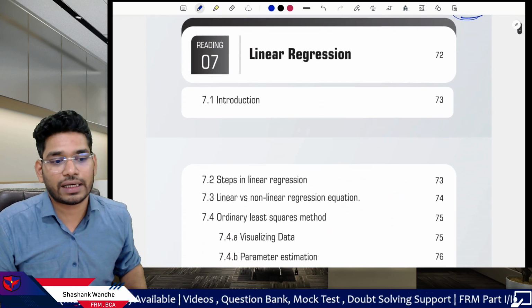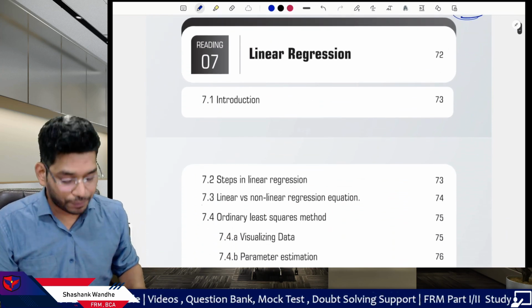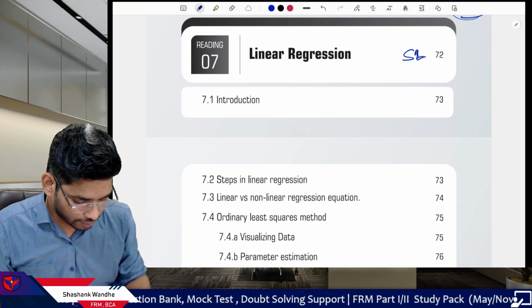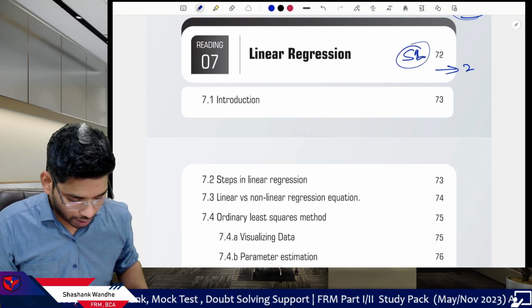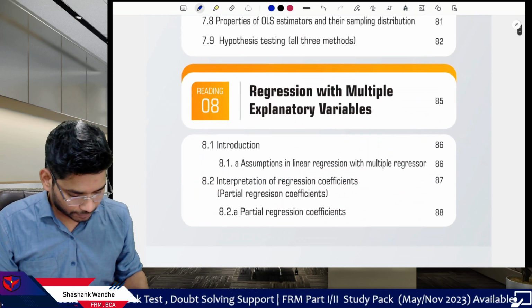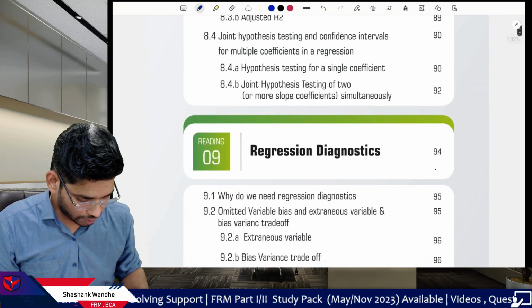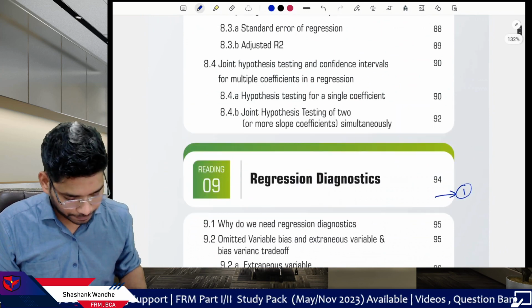Now the next section is on regression. On regression, expect around 2 questions, expect around 1 question, and expect around 1 question.